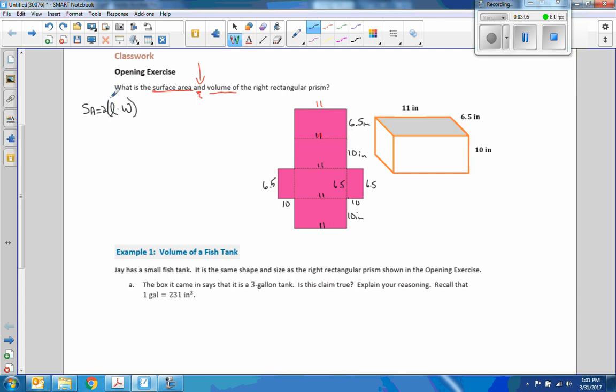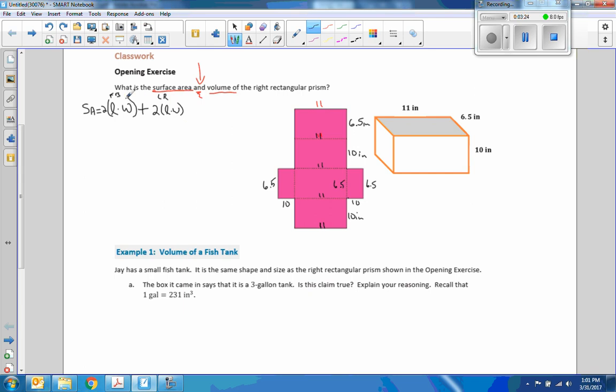That's the front and back. And I'm just going to mark those FB, plus. And then let's do left and right sides. The left side and the right side are 10 by 6.5 and 10 by 6.5. There are 2 of them. So I'd say 2 length times width of those.